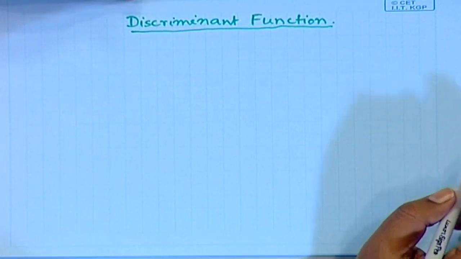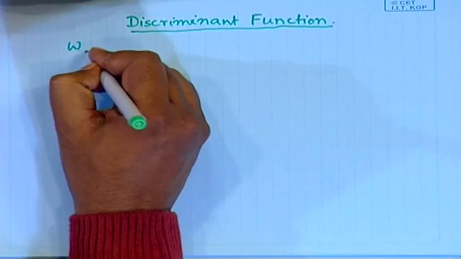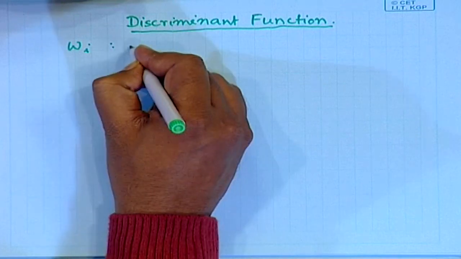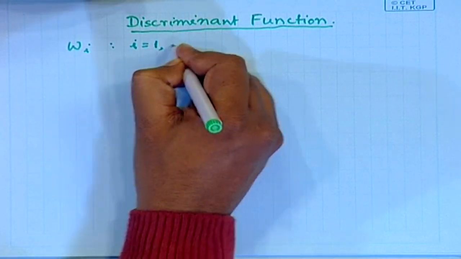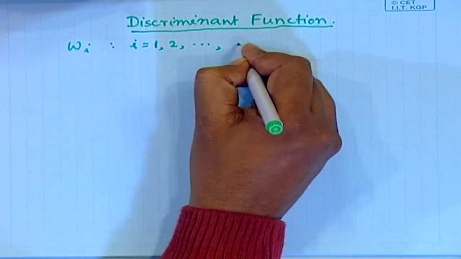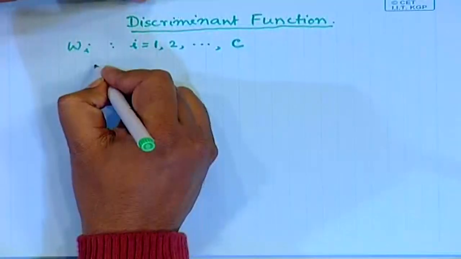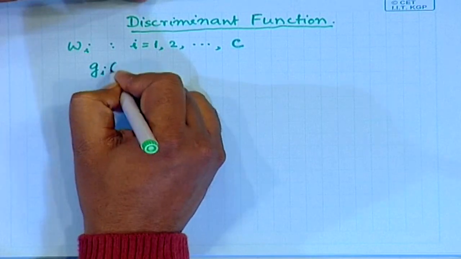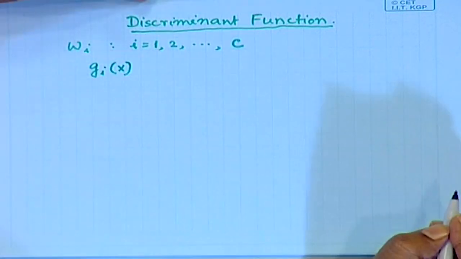There what we said is, for every class omega i, for i varying from 1 to c, as we are considering a generalized case where we have c number of classes, for every class we define a function, say g i of x.